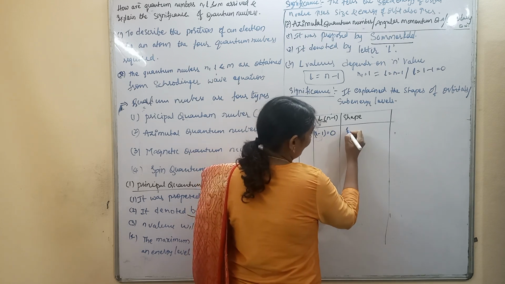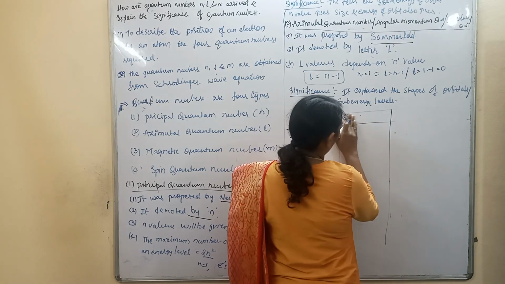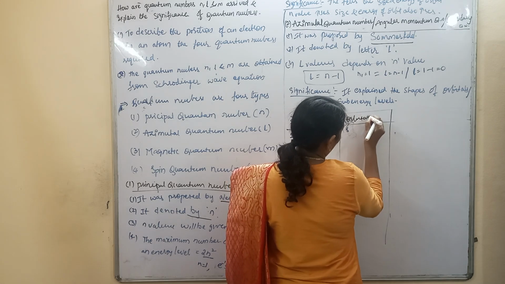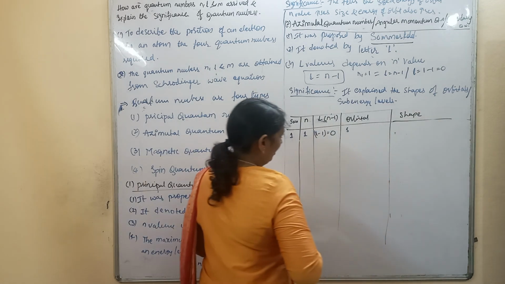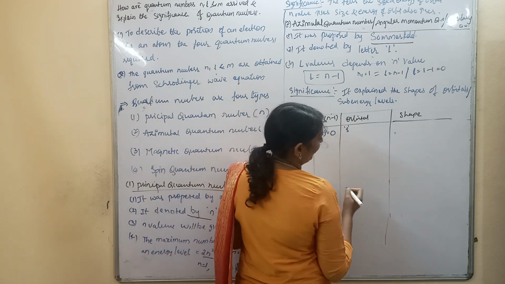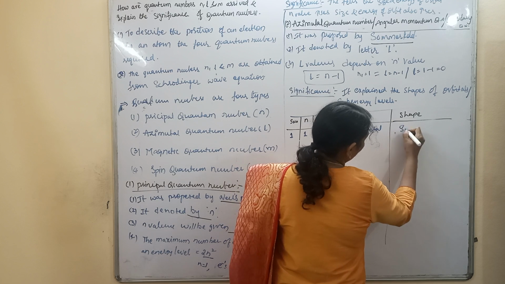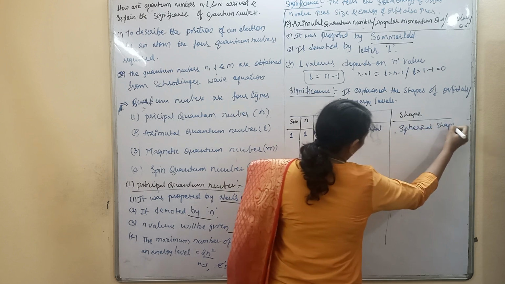Right? Orbital shape: you can take S orbital. What is the shape here? Spherical. Spherical shape it is. Okay.